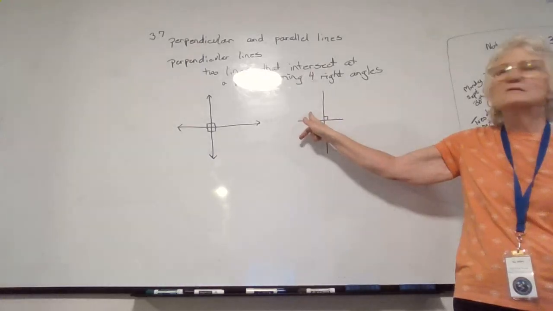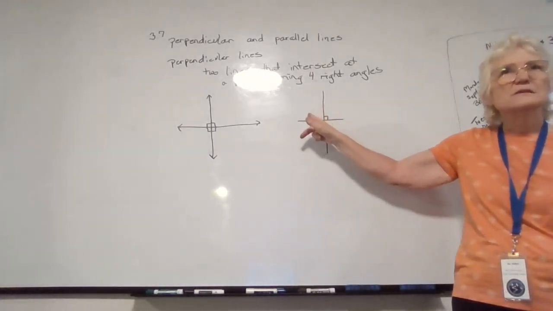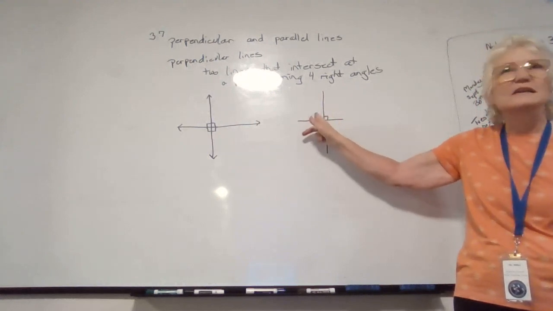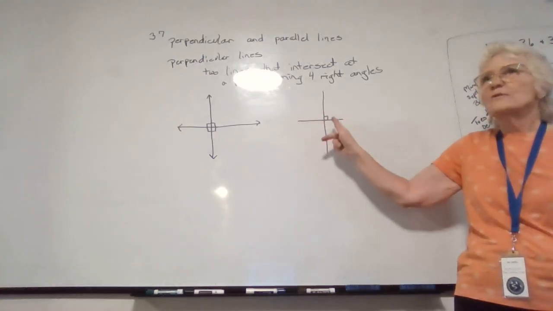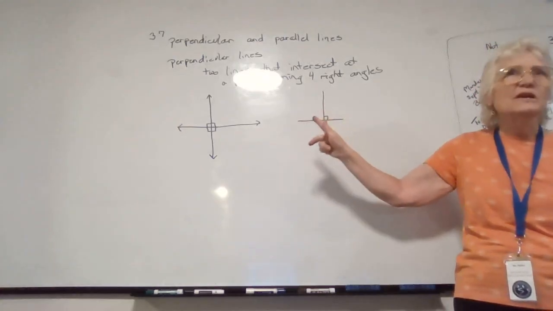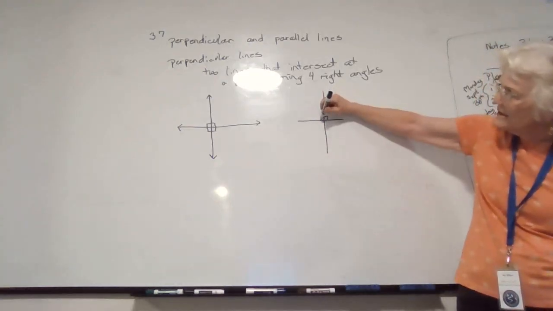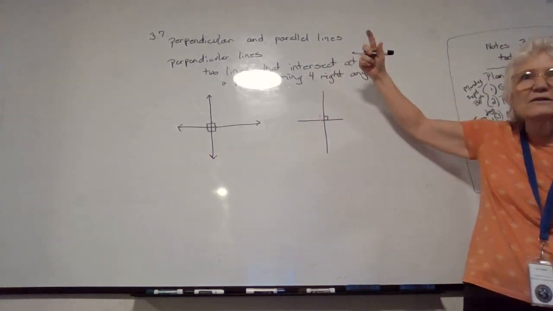Because if that one wasn't 90 degrees, all the other ones would be off too. They would be, but why can I say that one's 90? Yes. Because the lines are straight. Remember, a line is 180 degrees. This one's 90, so that means this one has to be 90. Okay? Just because they're a linear pair.